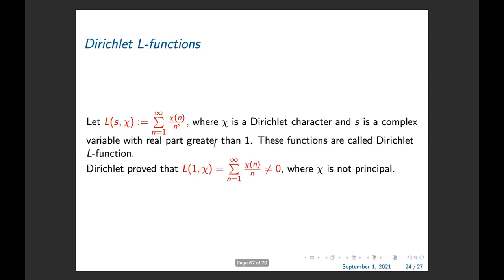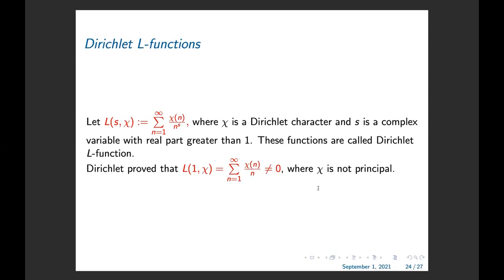One of the important theorems Dirichlet proved is that this Dirichlet function, when we evaluate it at s equal to 1, is non-zero when chi is not a principal character. A principal character takes value 1 whenever the argument is co-prime to the modulus.